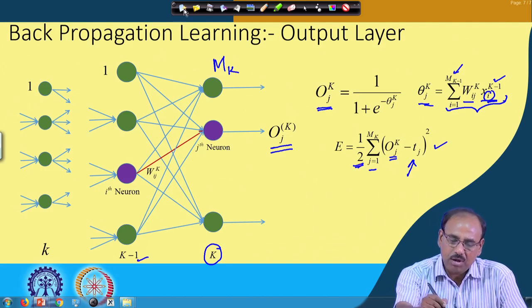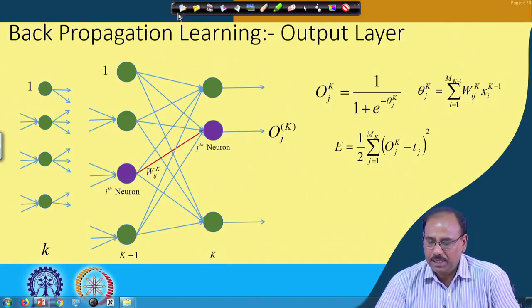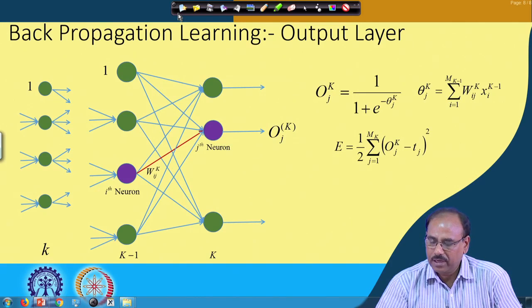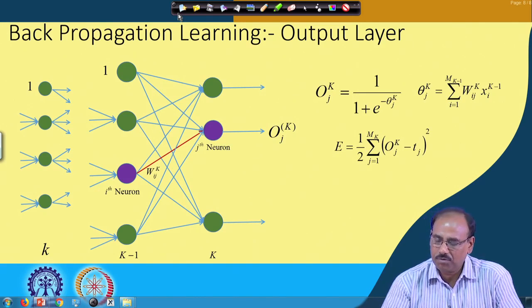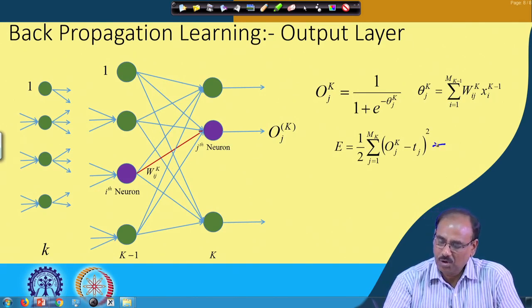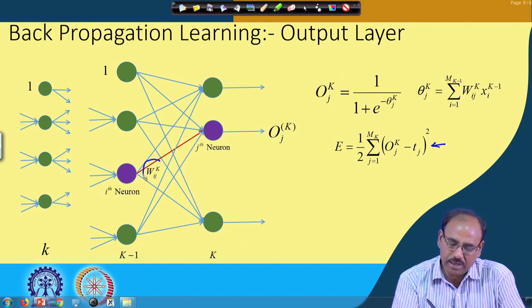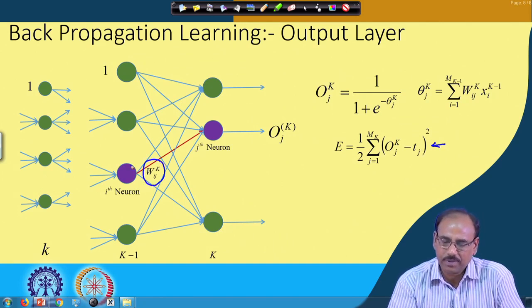So, for updation of the weight vector Wij, what I need to do is I have to take the gradient or the derivative of this error E with respect to weight vector Wij.